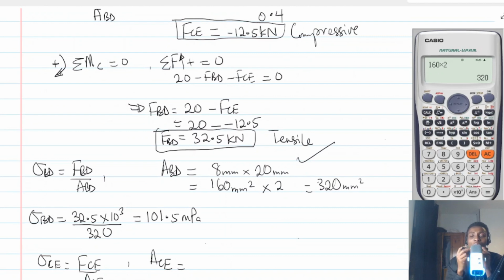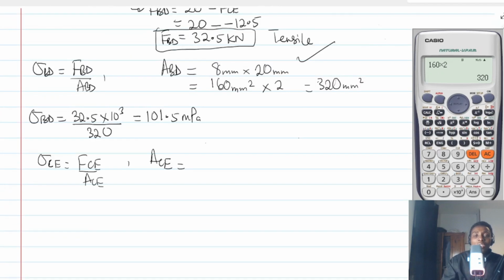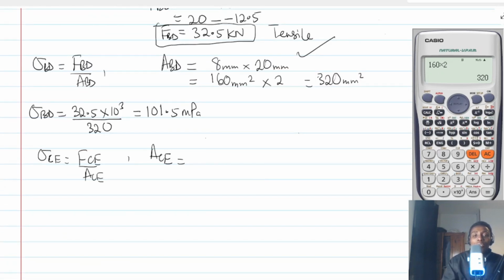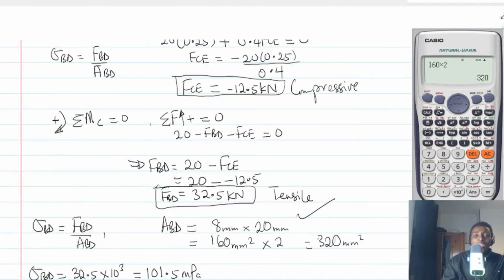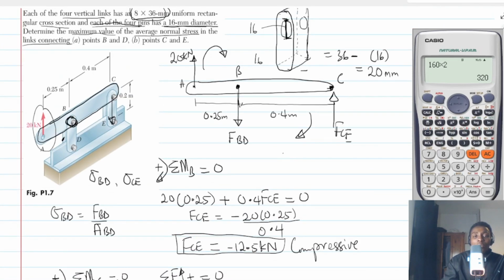In compression, you will not feel that net difference, so you just use the area given, 8 by 36, because the CE part is in compression.